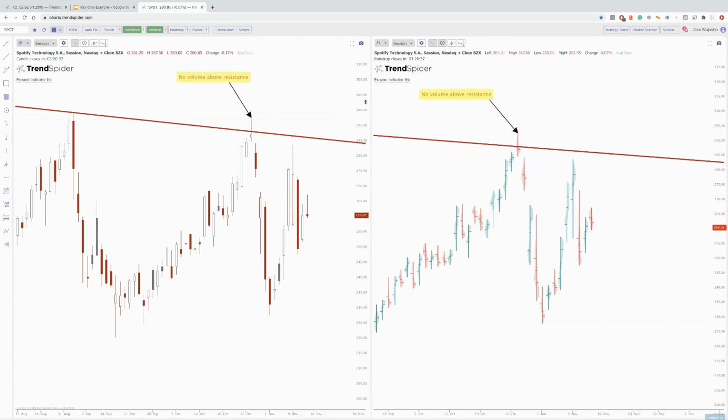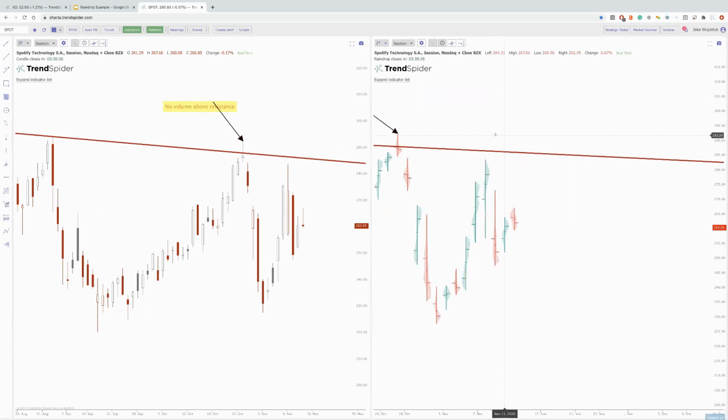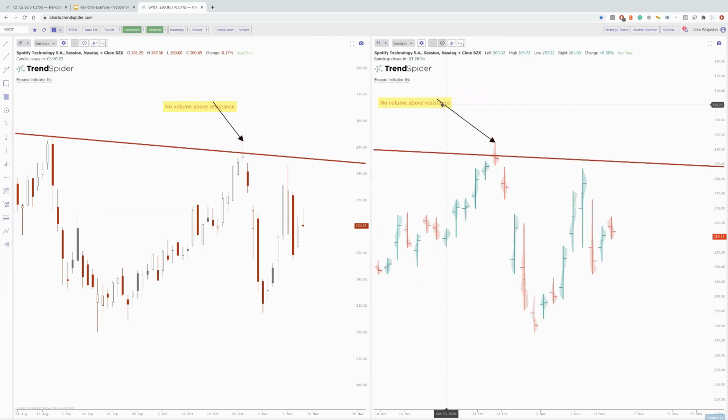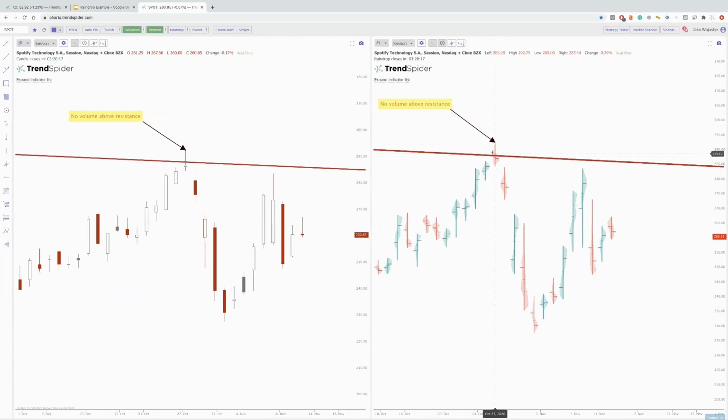In this case, we know this wick was likely a move on very low volume, because the raindrop showed no volume at the top of this range. So this allows you to have that X-ray vision within the candle without having to go down to smaller time frames.